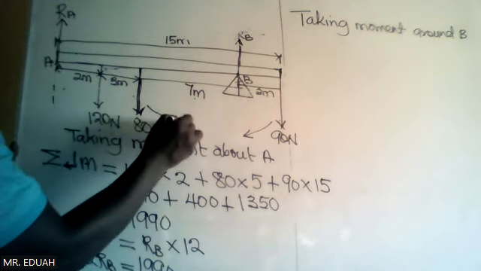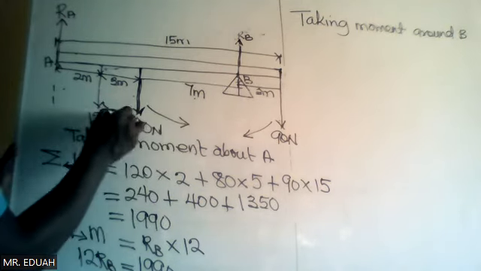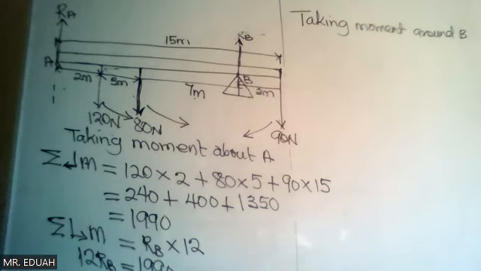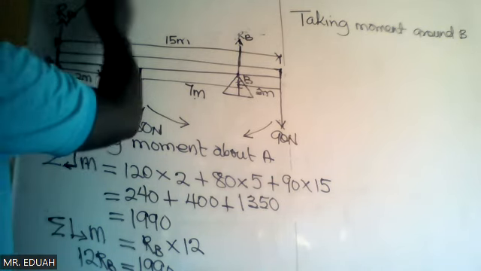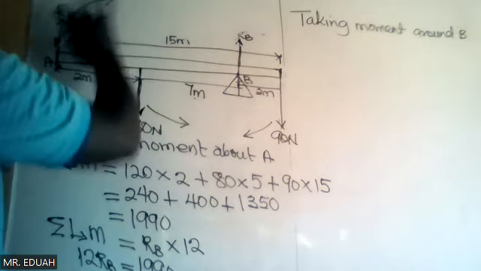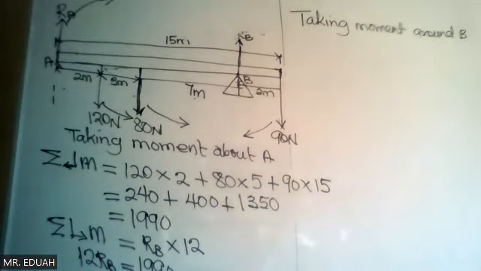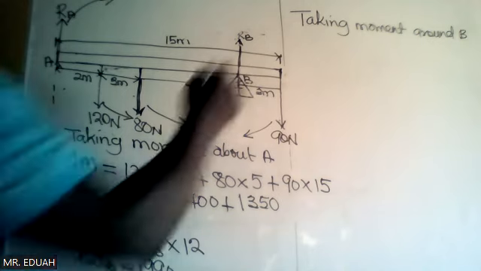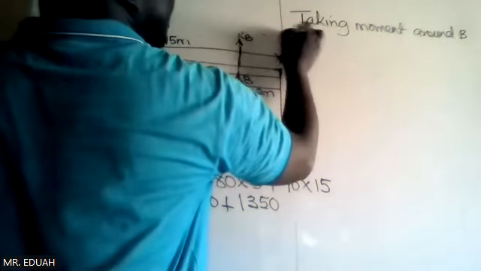Anti-clockwise. What about RA? Clockwise. Then what about RB? None, zero. So let's sum up all the clockwise movements and then the anti-clockwise movements.